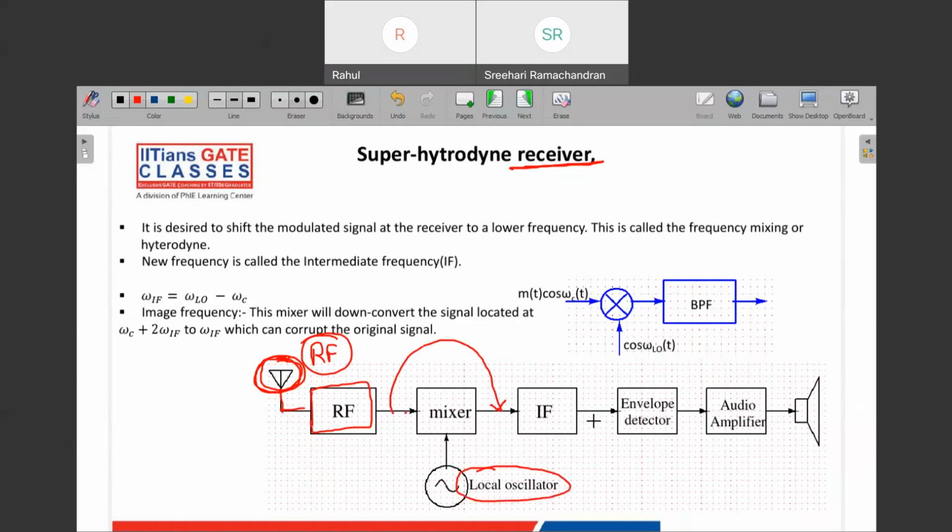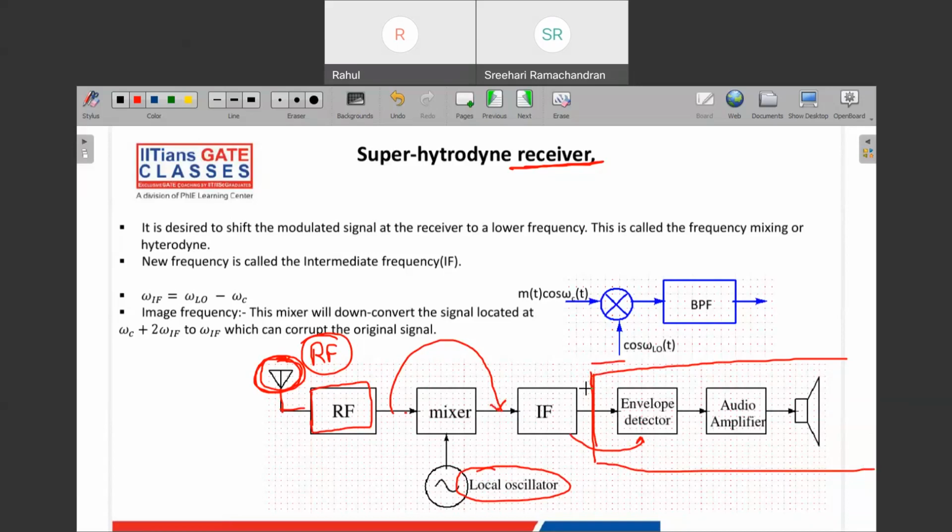After that, it will be a general detection technique, depending upon what kind of modulation we are using. The superheterodyne receiver that I am discussing now is irrespective of the modulation. Here we are just using a generalization. It can be used for any kind of modulation. The circuitry that we use for AM and FM and PM will come into the picture from here onwards.